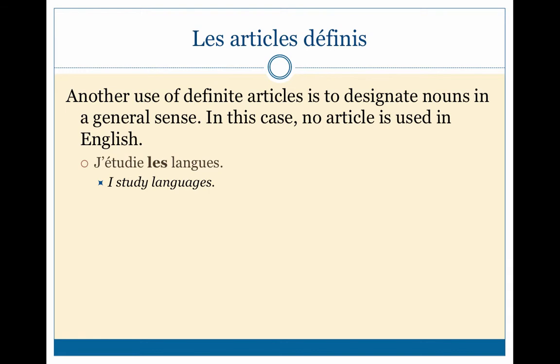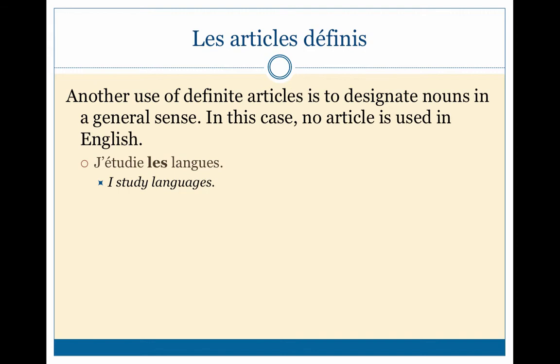One other case that we can use definite articles is to designate nouns in a general sense. And in this case, we definitely don't use an article in English. So that's something that you'll see over and over. And again, it's just important to keep in your mind that you have something that you have to put in front of that noun. And if you don't have a number or a possessive, then I've got to think about what article do I want?